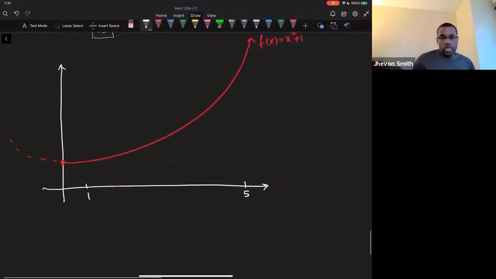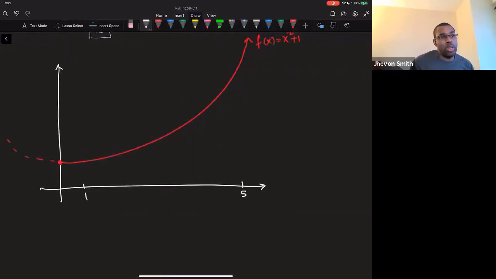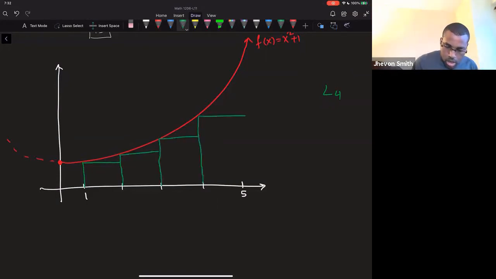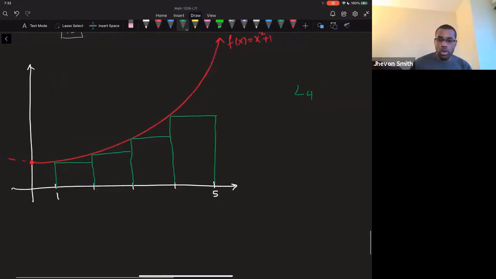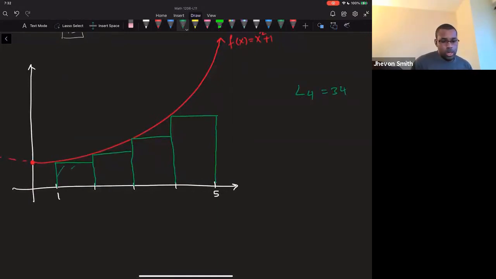Okay, so in one scenario, notice that the left hand would actually give you an underestimate. So if I look at the left hand with these 4 guys, the left hand is going to give me this, which is less than the actual answer, right? So that was the 34. Right, so that's that guy.